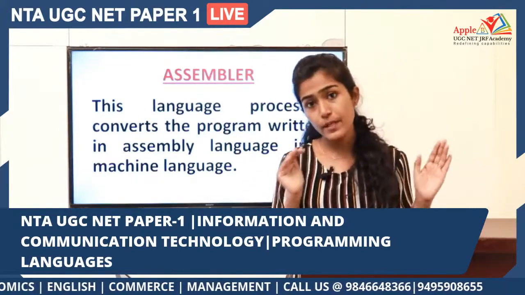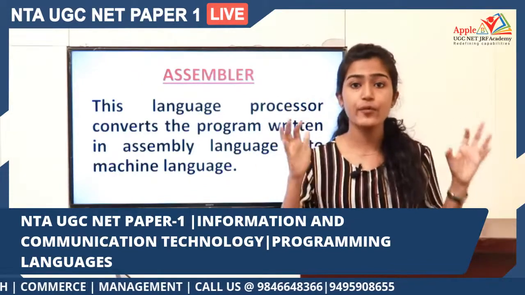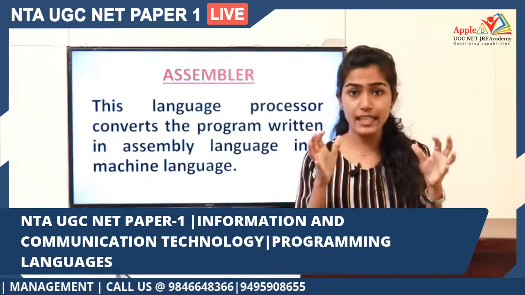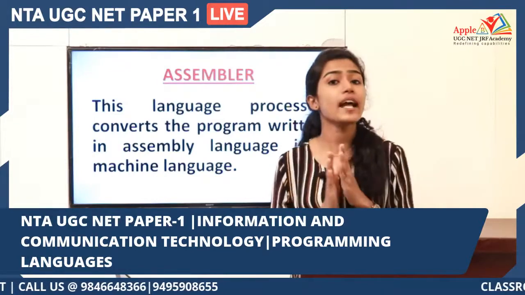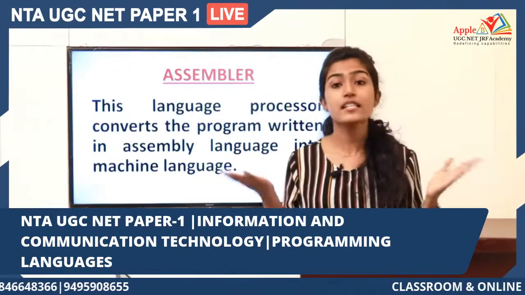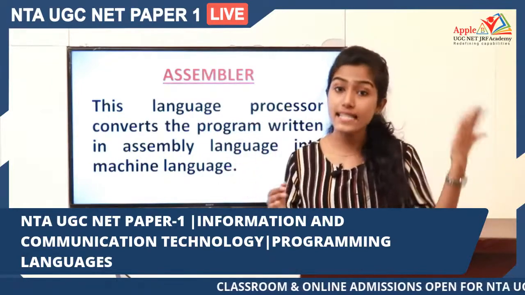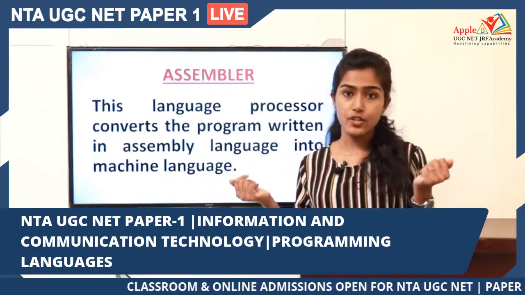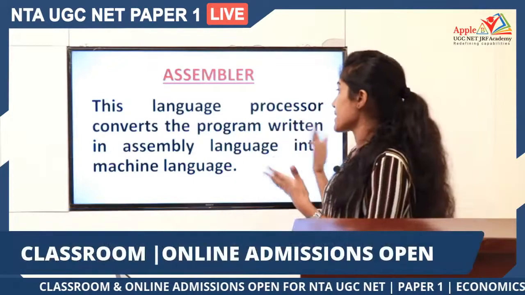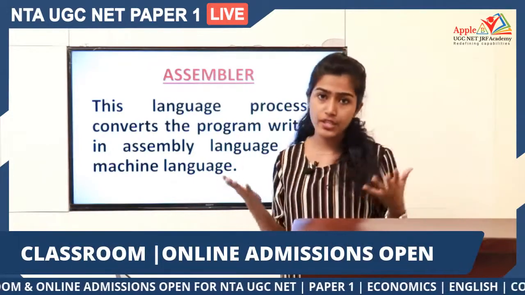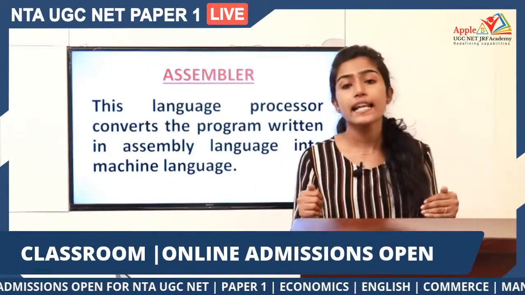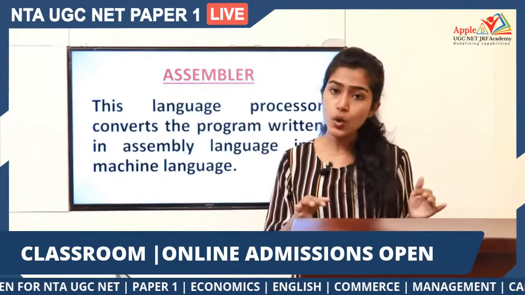For that purpose, we are using a particular language processor or translator system that can be called an assembler. It is easy for you to remember also. Assembler translates assembly language into machine language. Okay, so assemblers are basically language processors which convert programs written in assembly language to machine language.